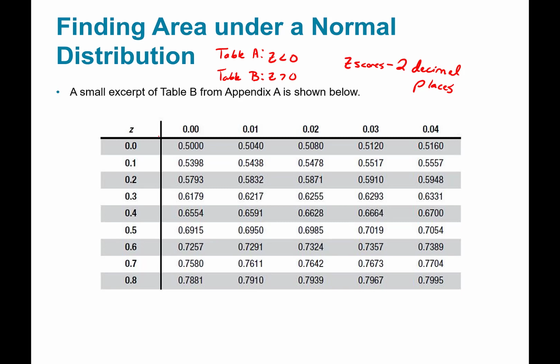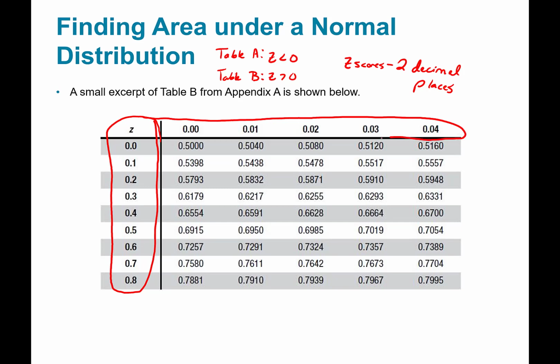We work down the left-hand column, which gives you the ones digit and the tenths digit of that z-score. The column across the top gives you the hundredths digit of the z-score, the second decimal place.